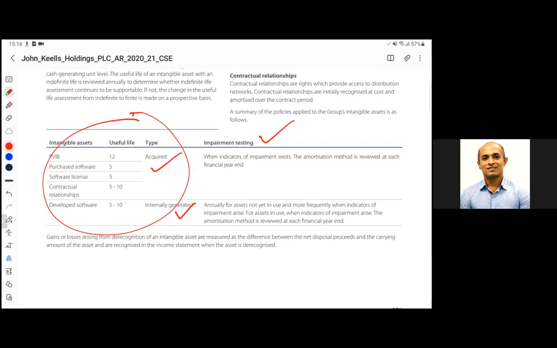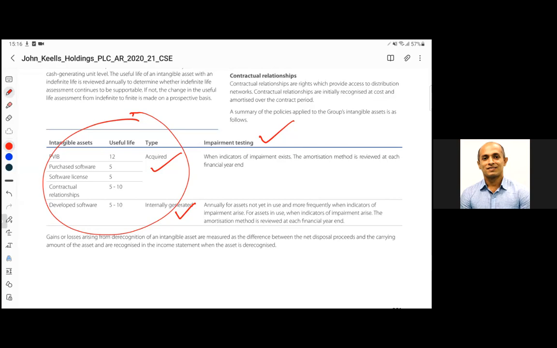First, you can see whether the accounting for intangible assets is in accordance with LKAS 38, intangible assets. So you read the company's accounting policy for intangible assets and see whether it has been designed according to LKAS 38.